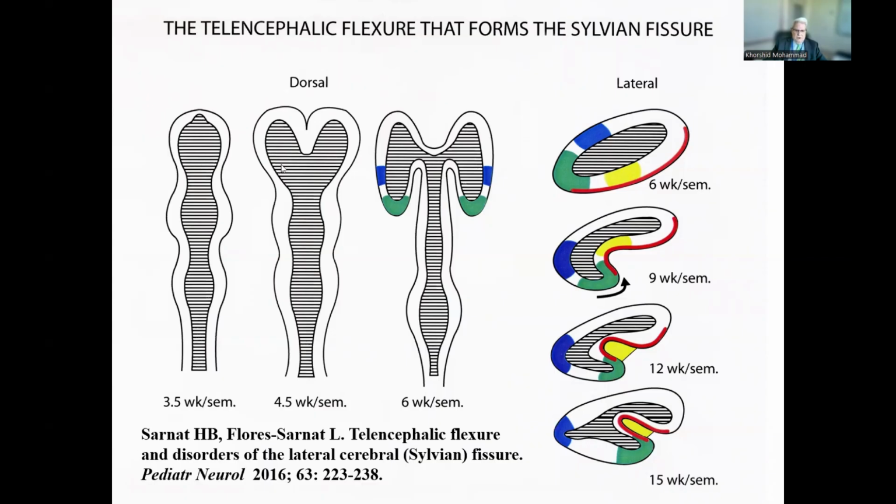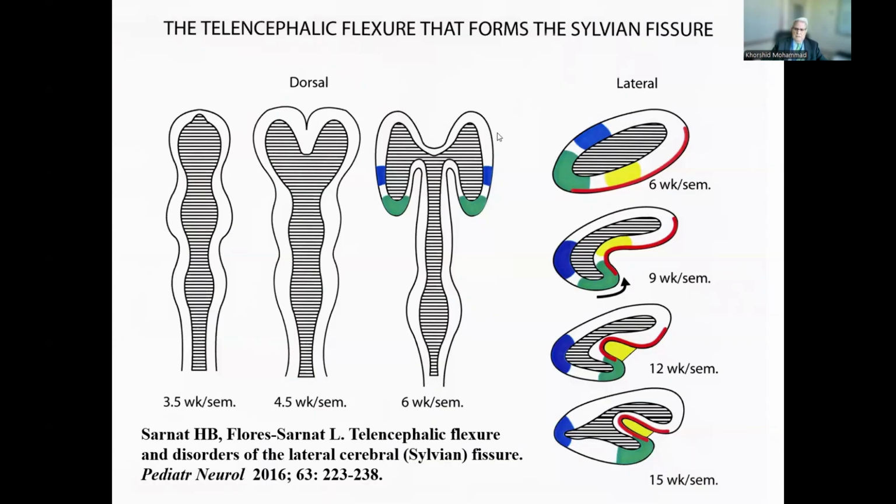And as you progress another week to 4.5 weeks, you start to see development of the interhemispheric fissure, which is the first fissure that divides the primitive prosencephalon into 2 portions, which become the telencephalic hemispheres.